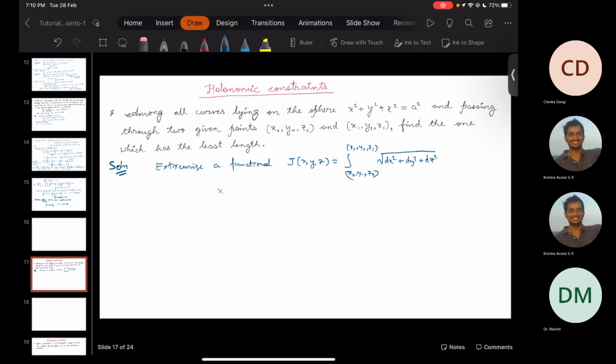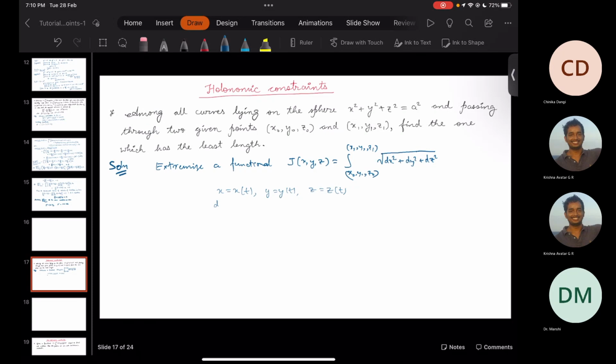So let's take x as a function of t, y as a function of t, and z as a function of t, right?